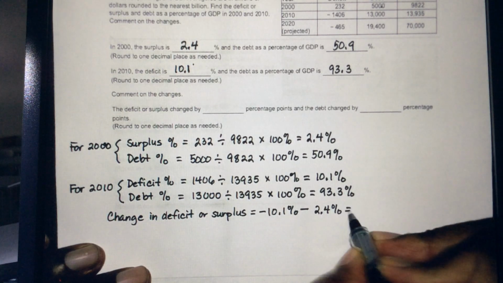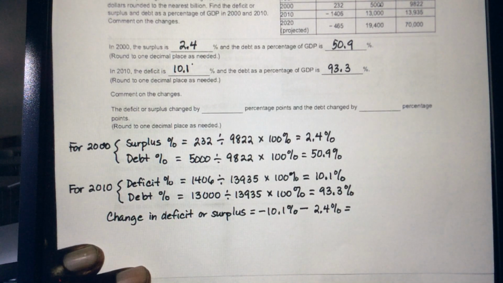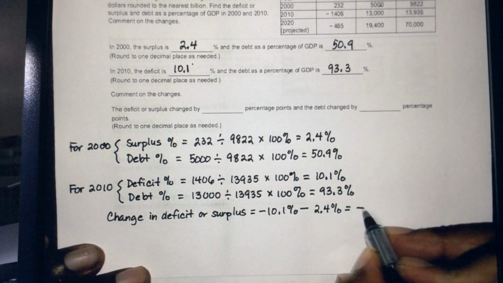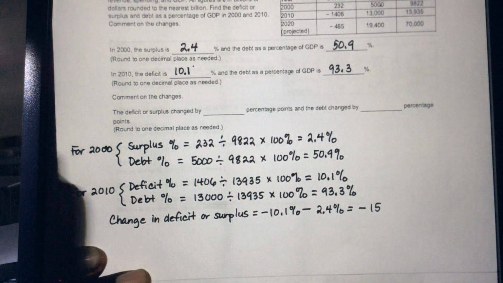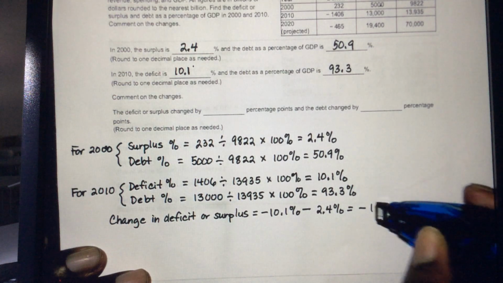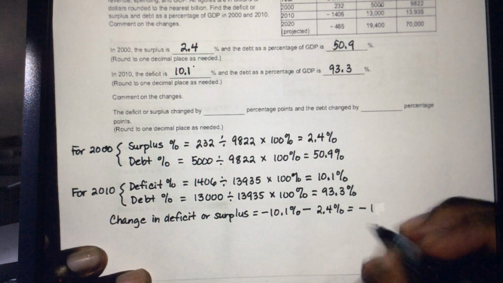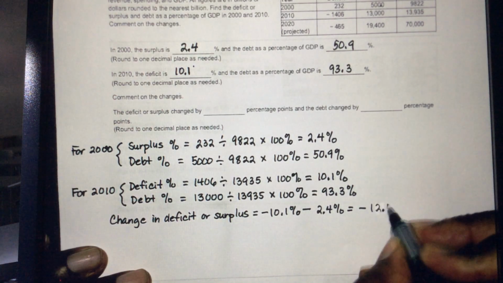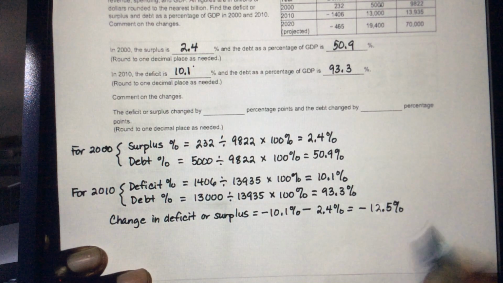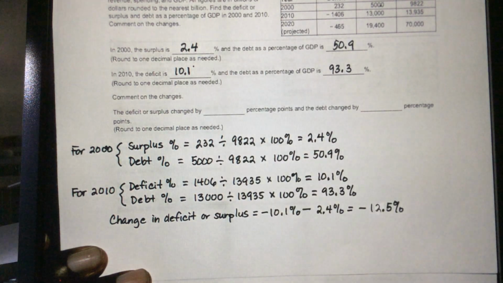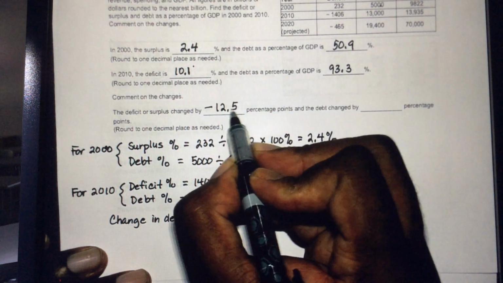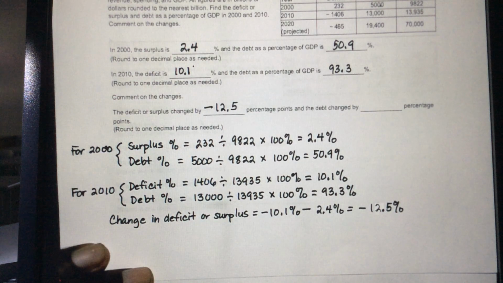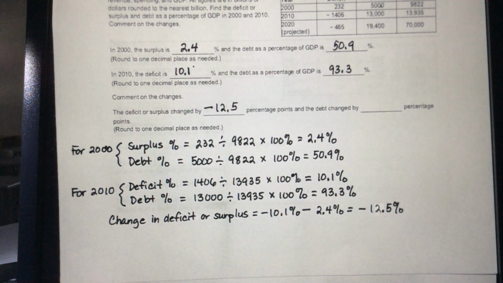If we subtract those, we're going to get negative 12.5. So we're going to say negative 12.5 percentage points. And that's without the percent sign when you're doing the homework.